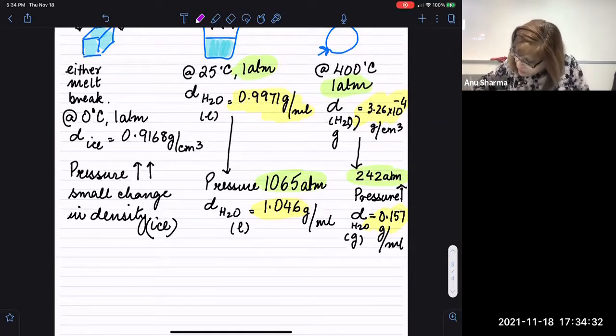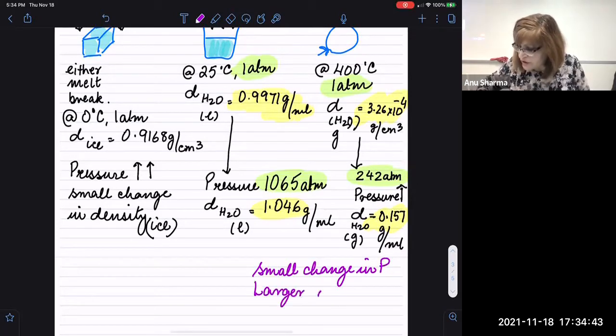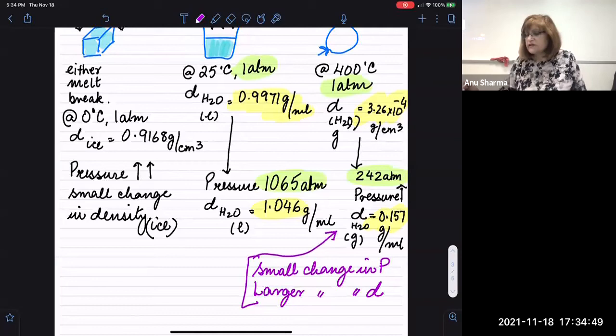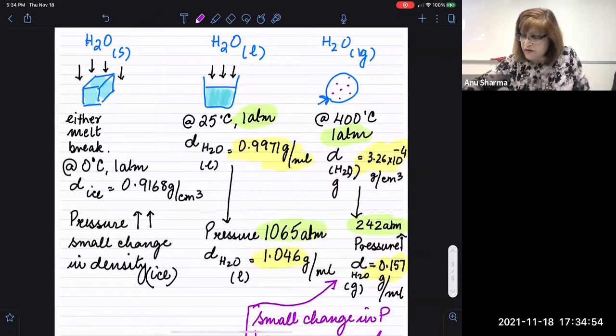In other words, the conclusion is a comparatively small change in pressure, but a larger change in density, in this scenario, in the case of water in the form of steam or vapors.